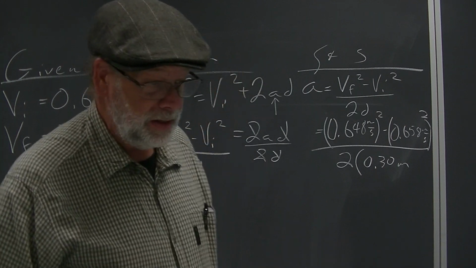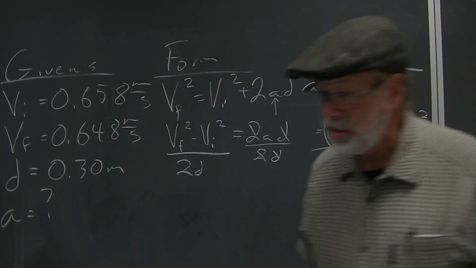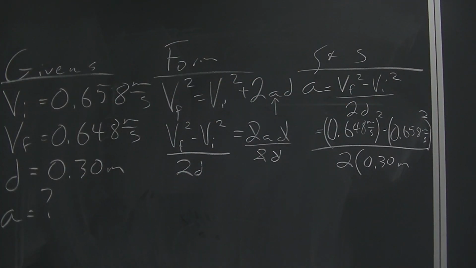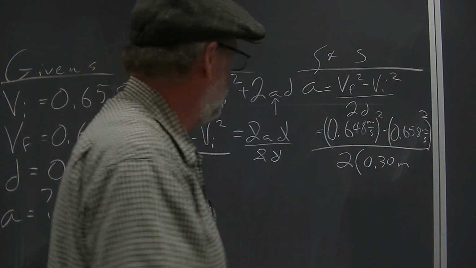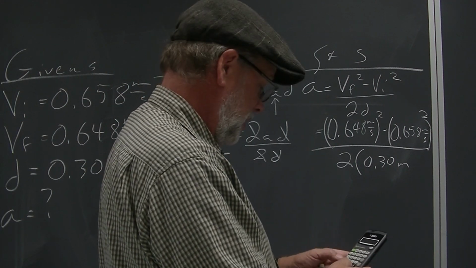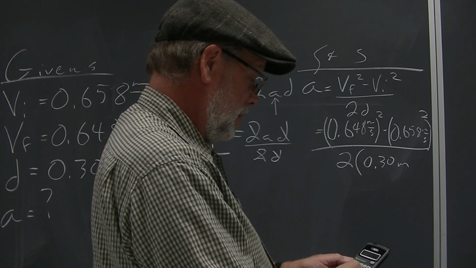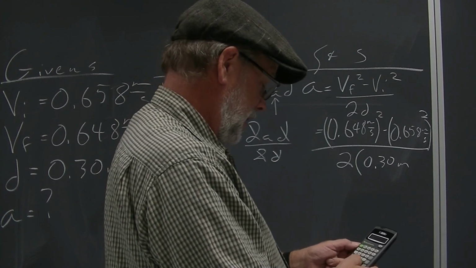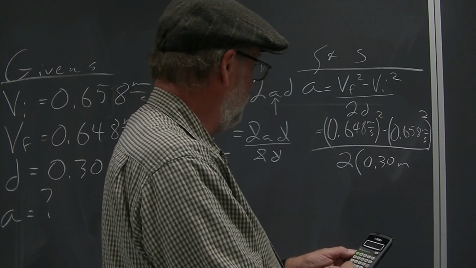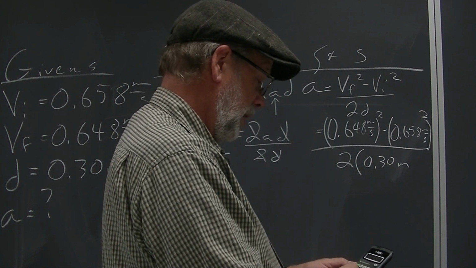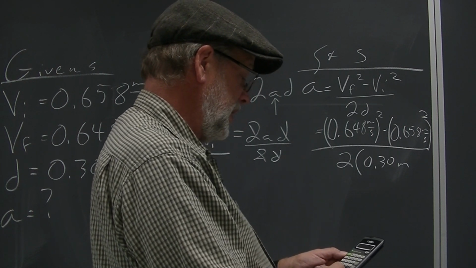That is all there is to it. The rest is just in your calculator. Let's take our handy dandy calculator and 0.648, square it, minus 0.658, square it, press equals, all right?